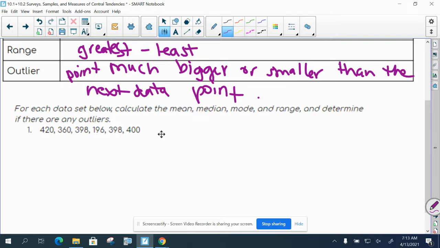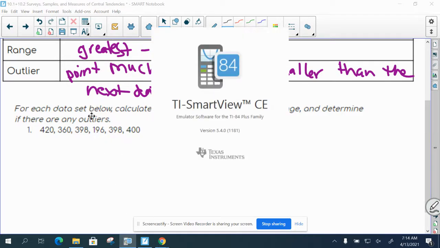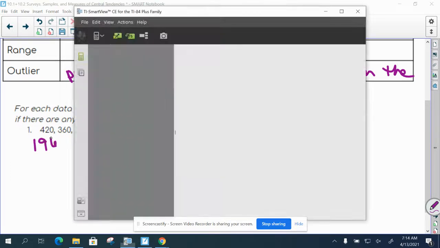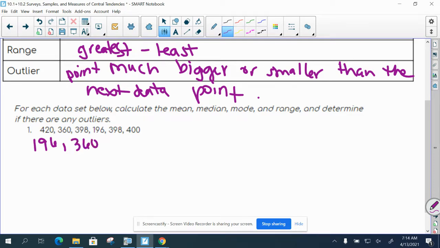And then we're going to just practice calculating the mean, median, mode, range, and determine if there are any outliers. For the mean, you would want to take your calculator and add all these numbers up. For your median, you're going to want to put these in order. So I would do 196, 360, 398, 398, 400, and 420.